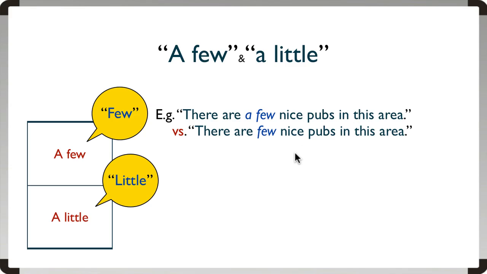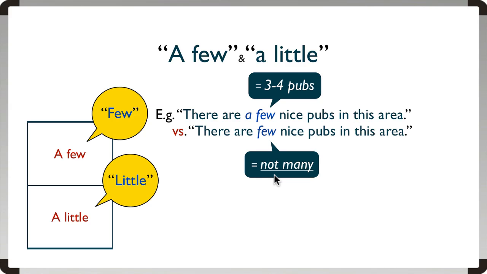Well, when we say a few nice pubs, we are talking about 3 or 4 pubs, so it's a positive sentence. Whereas if we say few nice pubs without "a," the meaning is not many pubs, so it's a negative sentence.